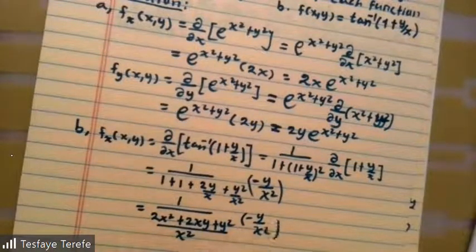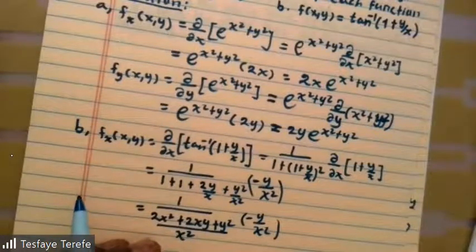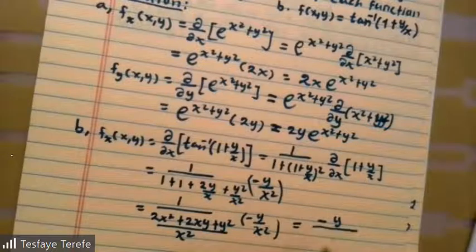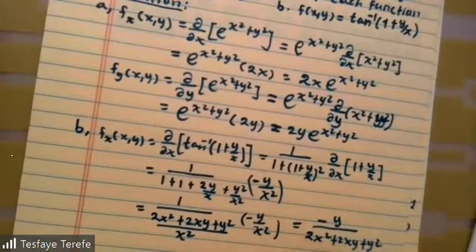And as you see, this y squared will cancel, because dividing means you are taking the reverse. So this is going to be negative y over 2x squared plus 2xy plus y squared. And we're done.